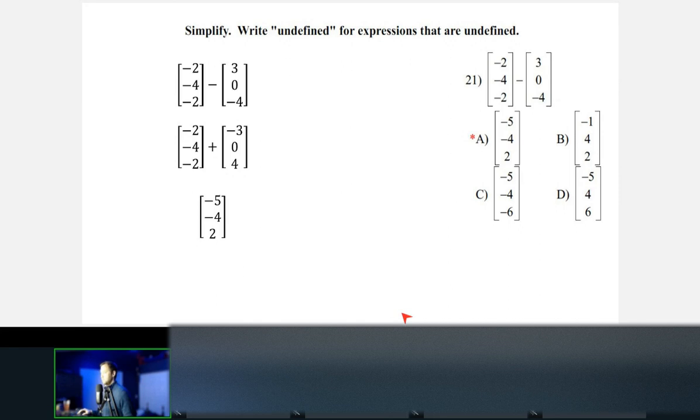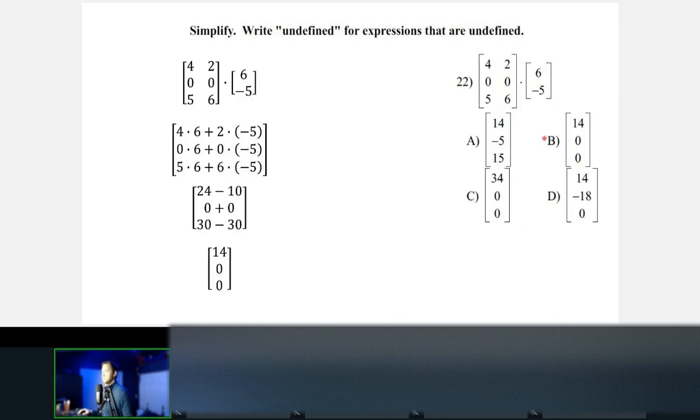The same thing if you were to multiply matrices that didn't have the same inner dimensions. So if we couldn't multiply these, we would just put undefined. That's what it means.